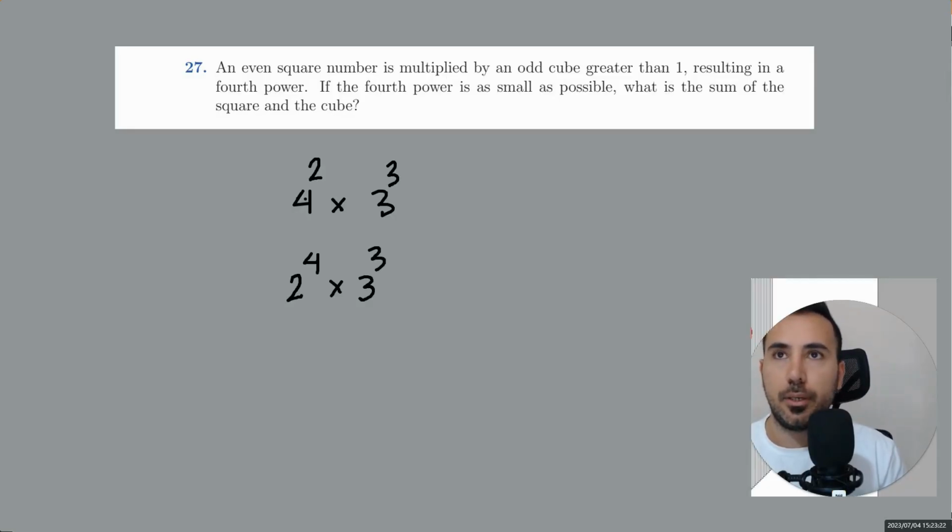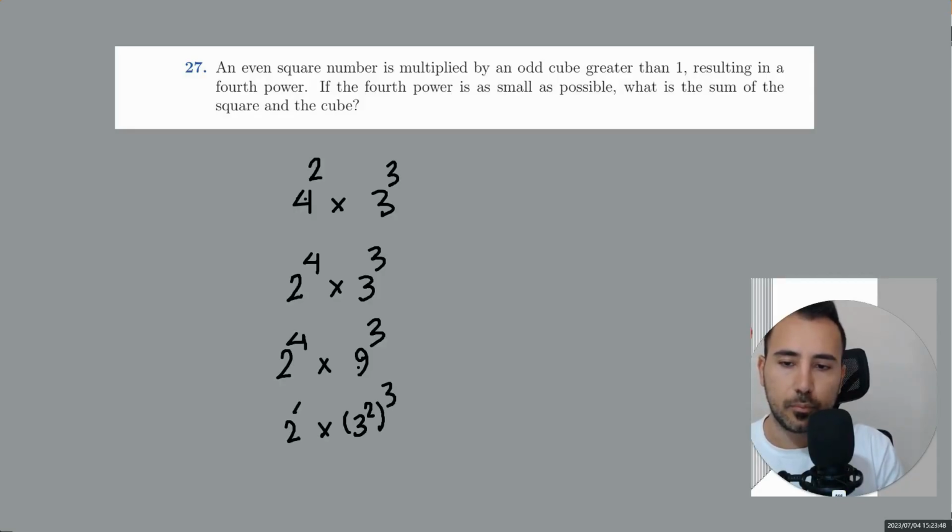The next number I could write, what if instead of this, I write 2 to the fourth power, and I would choose 9 to the third power. Instead of 9 to the third power, I could write it as 3 to the power of 2, which is 9, again to the power of 3.